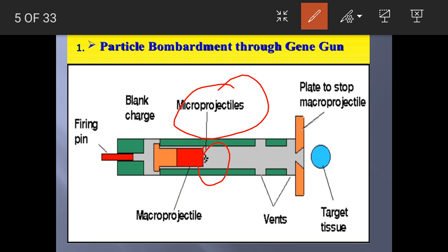With a high velocity, the gold and tungsten particles coated with the desired DNA are bombarded against the desired tissue where you want to transfer your gene, so that the recipient cell or host can receive our DNA very easily. So this is what is done in the gene gun method, or the biolistic method, or the particle bombardment method.